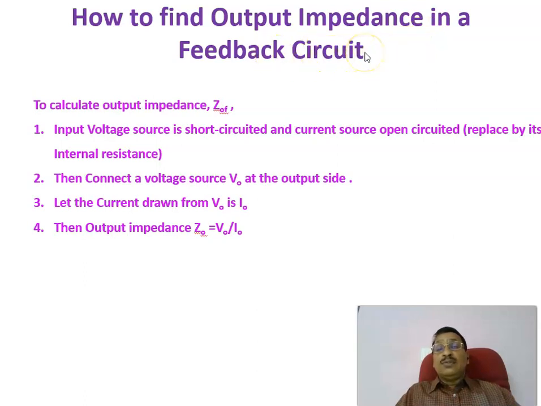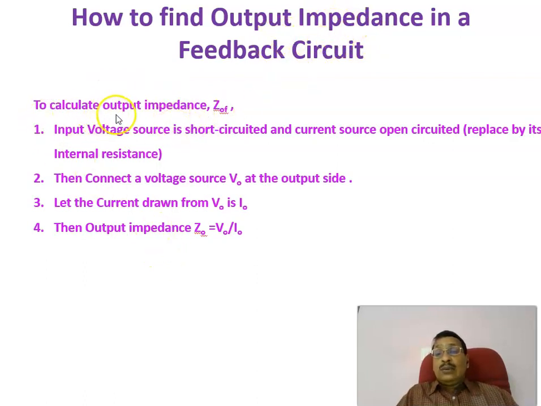Different types of feedback circuit like voltage series, current series, voltage shunt and current shunt feedback circuit. The general principle in calculating the output impedance Z0F is like this.